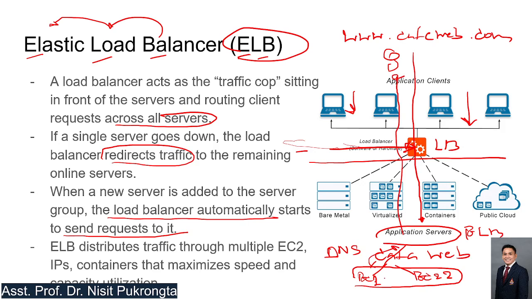For example, if EC2 one is available in AZ 1A, and EC2 two is in AZ 1B, if the client connects, the first session will come to the server in 1A, and the second session will switch to the EC2 in availability zone 1B, based on the load balance, right?